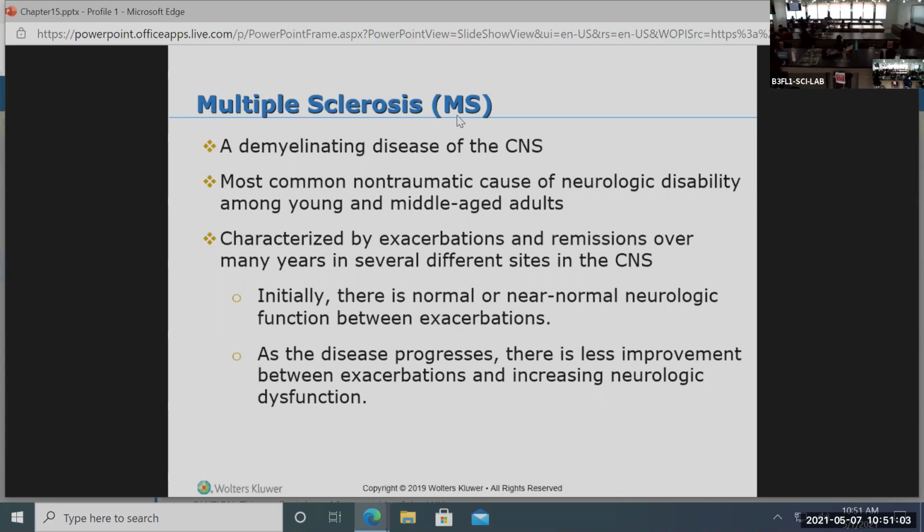The patient is completely fine, no symptoms, but still MS. Some periods, symptoms become severe. As the disease progresses, there is less improvement between exacerbations and increasing neurologic dysfunction, multiple sclerosis.